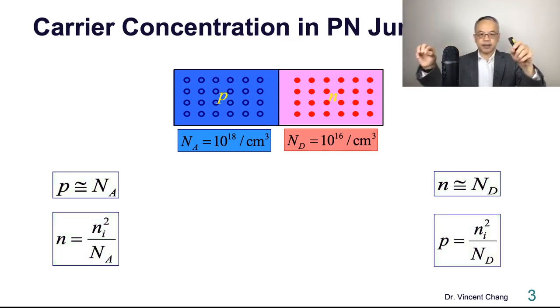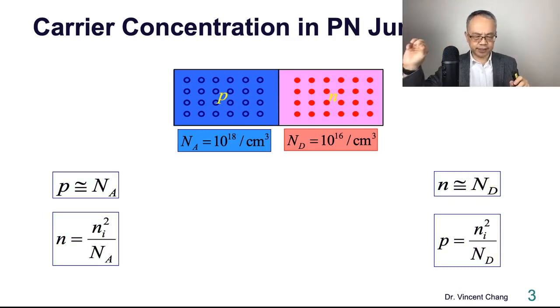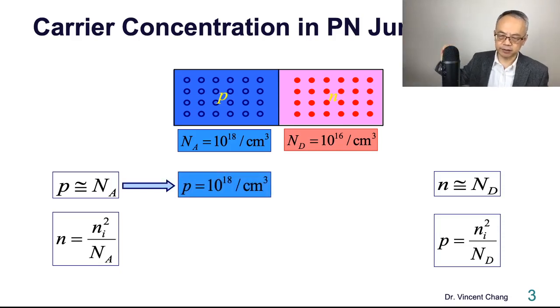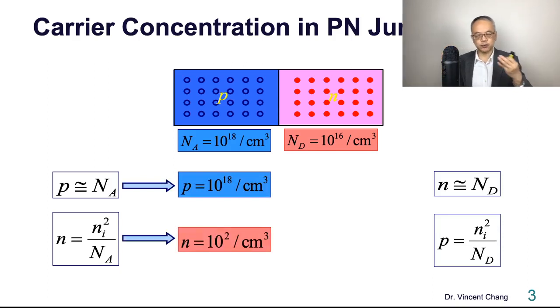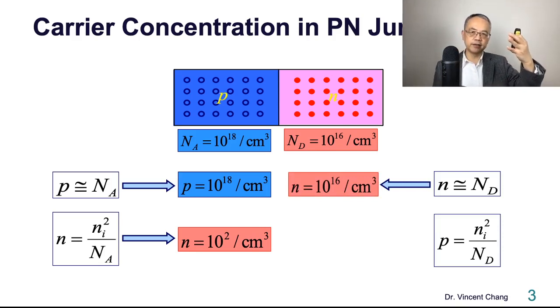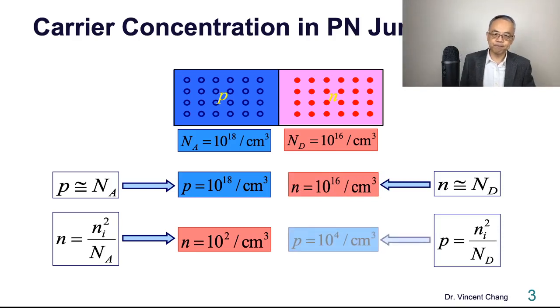So therefore, let's plug in the numbers. Assuming the material is silicon, the hole concentration on the left-hand side will be 10 to the 18th power. What about the electron? The electron carrier concentration will be around 100. On the right-hand side, the majority carrier electron concentration is going to be 10 to the 16th power.